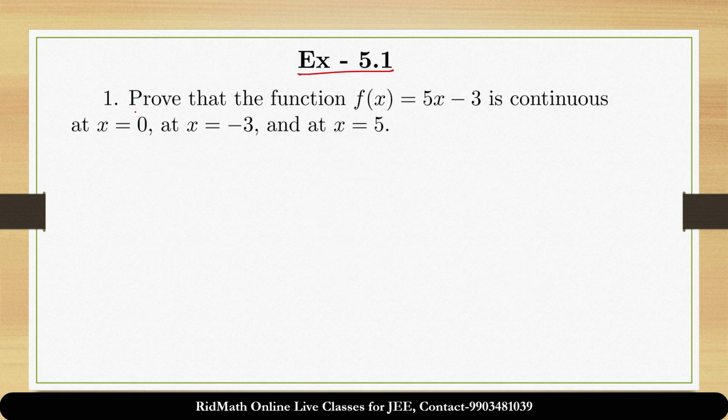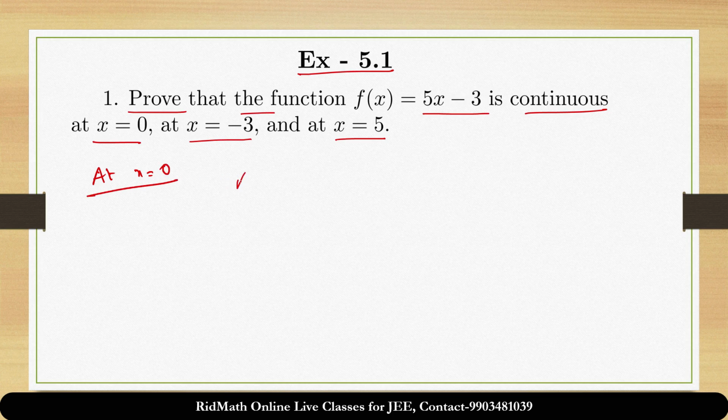Exercise 5.1: prove that the function f(x) equal to 5x minus 3 is continuous at x equal to 0, at x equal to minus 3 and at x equal to 5. So let us check at x equal to 0.